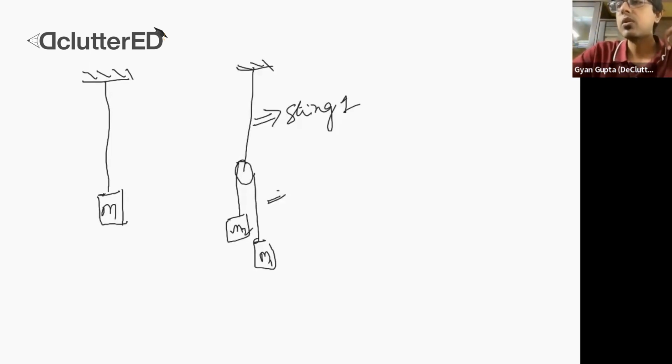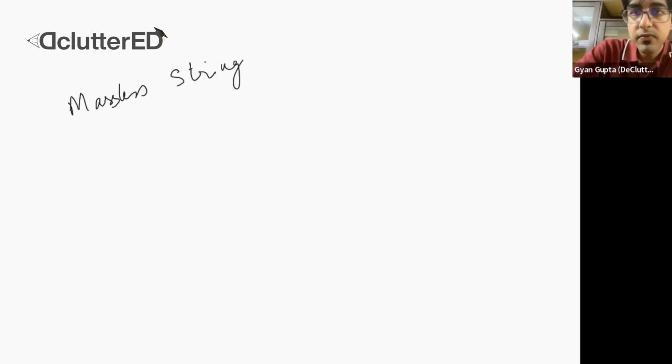Alright, now let us quickly cover the first topic, which is of the massless string. If we look at a string that is connected to a certain mass, let's look at a very, very small, microscopic dl length of the string.